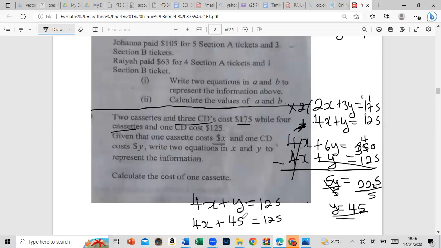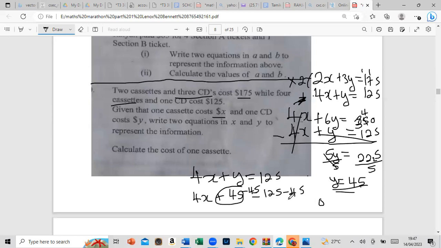And then we subtract 45 from both sides, which gives 80. And then we divide by 4. So x equals 20. You guys did exceptionally well on this one.